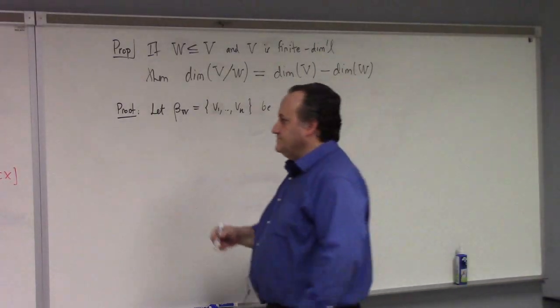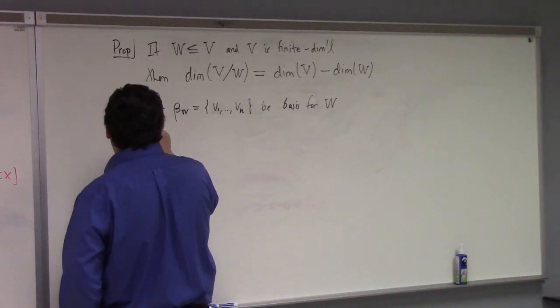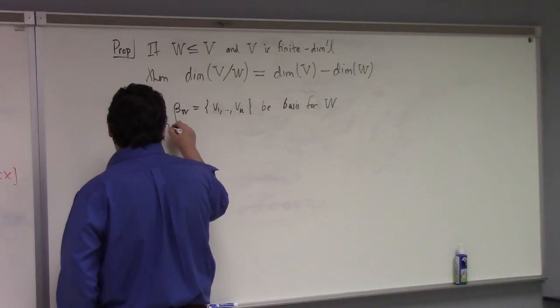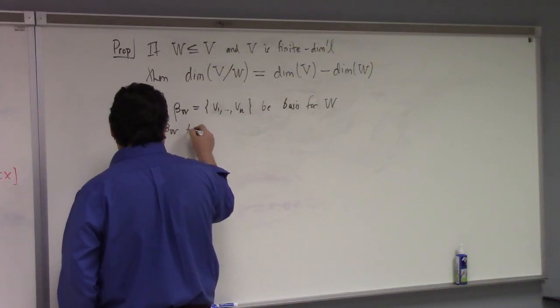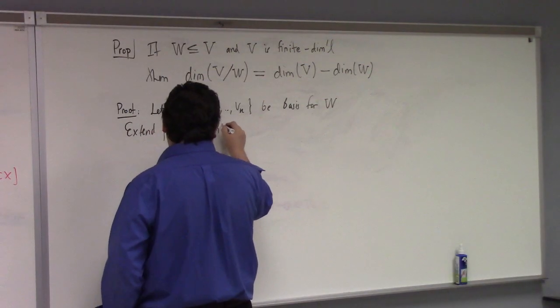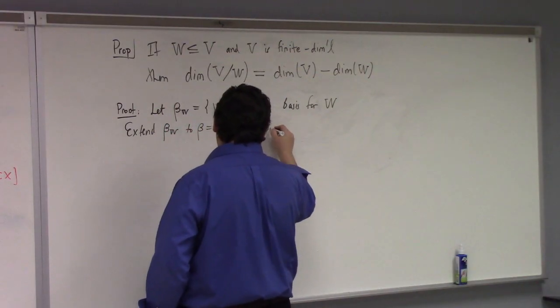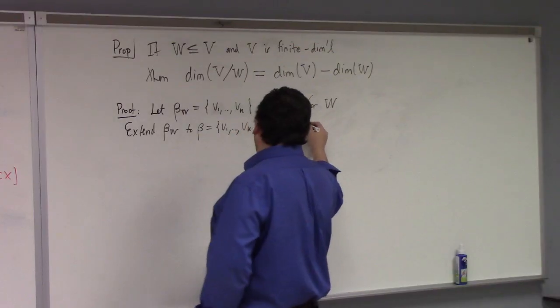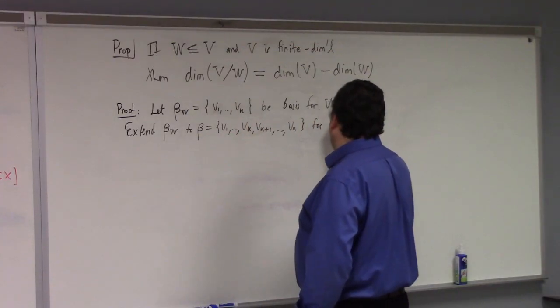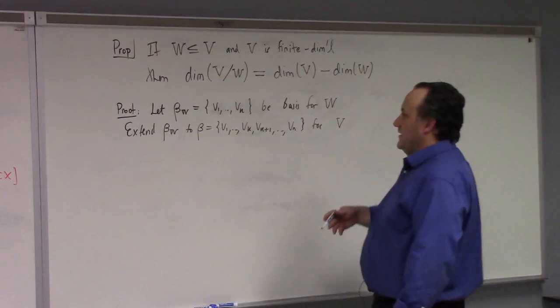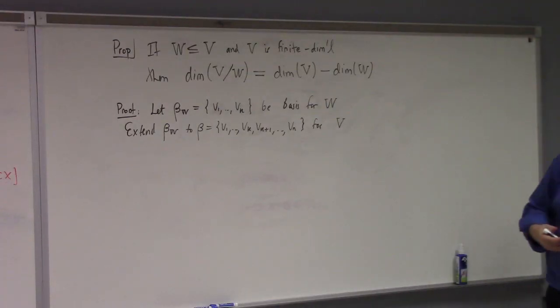Extend that beta sub W to beta equal to v1, ..., vk, vk plus 1, ..., vn for V, right? We can do that because we're assuming that V is finite dimensional.